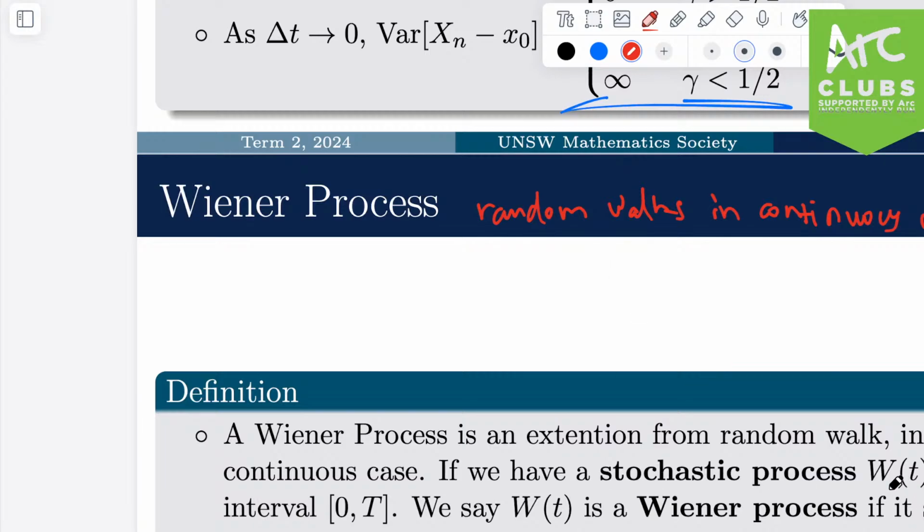So if we have a stochastic process Wt, again, stochastic just means W depends on t, in the interval 0 to T, we say Wt is a Wiener process if we satisfy the four points below.